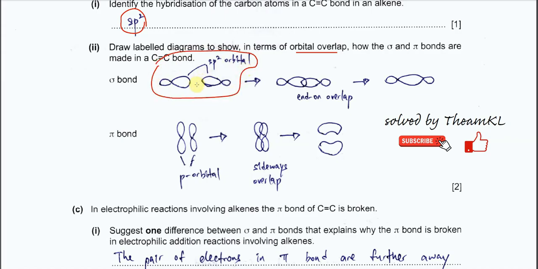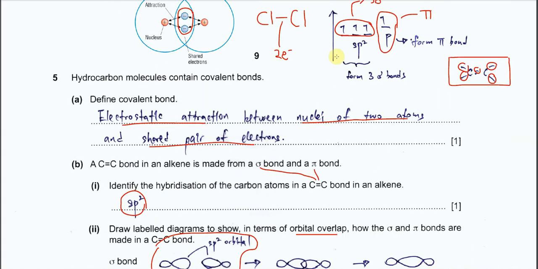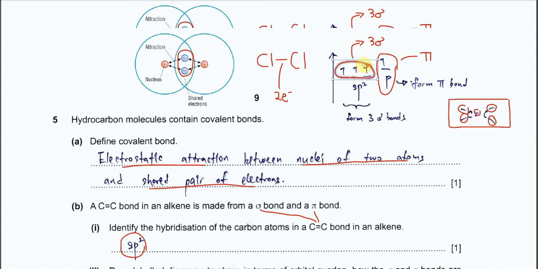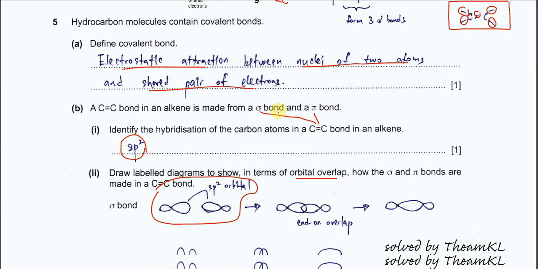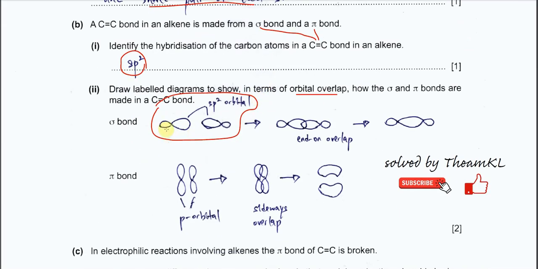So let's say now we have the 2 hybrid orbitals, which look like this: 1 small loop and 1 larger loop. This one is 1 hybrid orbital, and it will overlap with another hybrid orbital from another carbon.